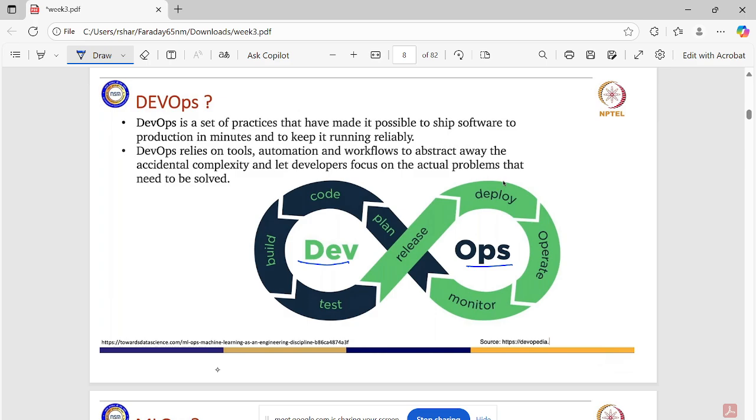So development and operation, when we mix both of them, it becomes DevOps. If we have software that we are developing, once it is developed, it has to be operational. So this is what DevOps is.